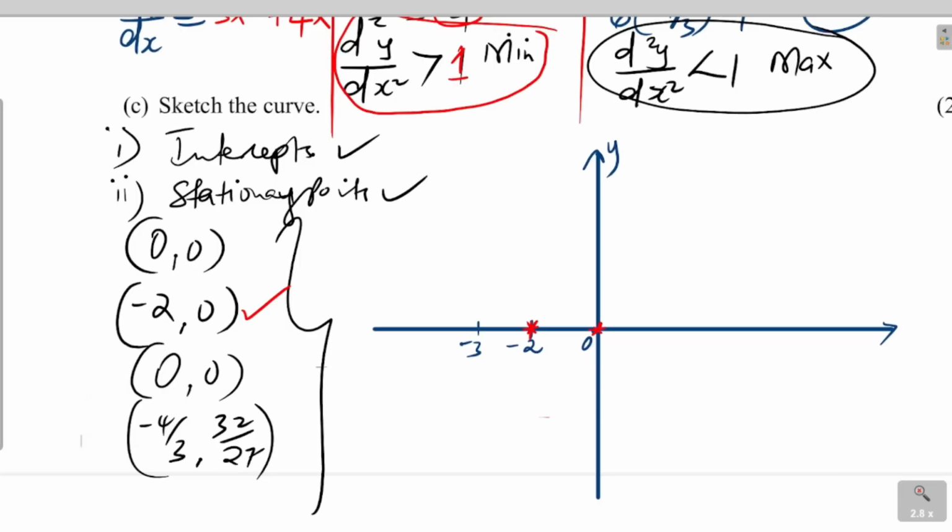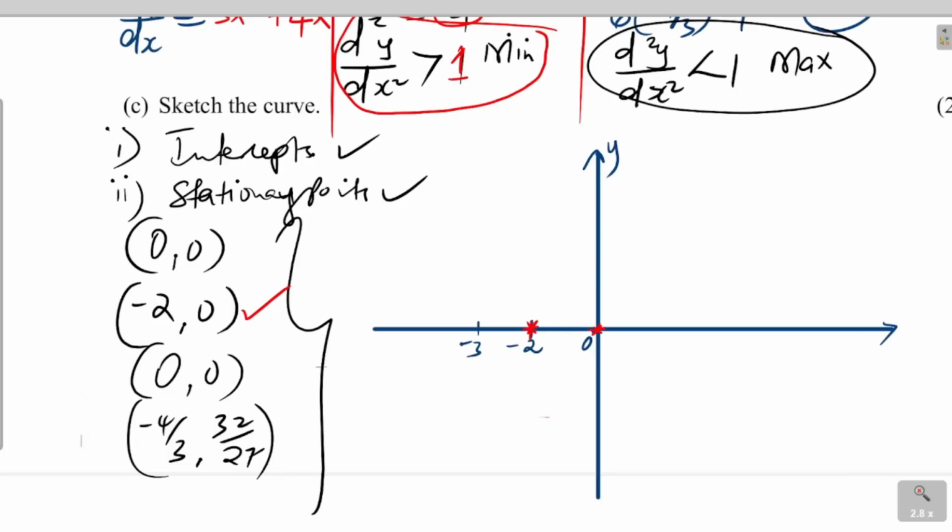And then we have negative 4 over 3. Negative 4 over 3 will be somewhere here, between negative 2 and 0, because that is about negative 1.3.